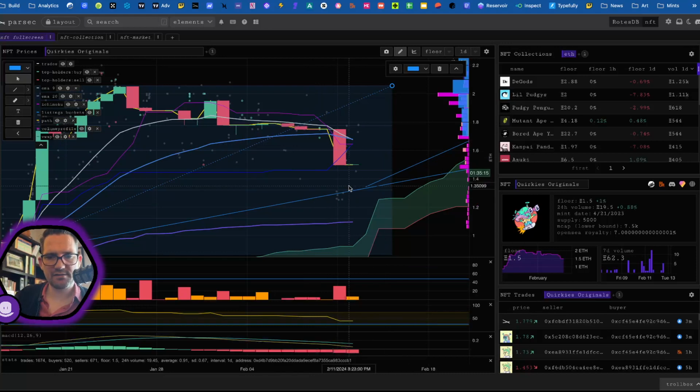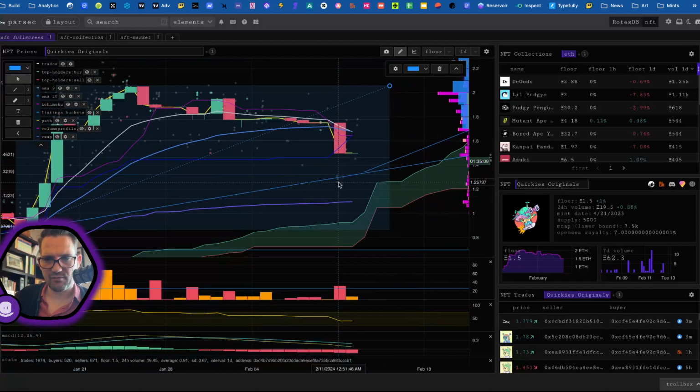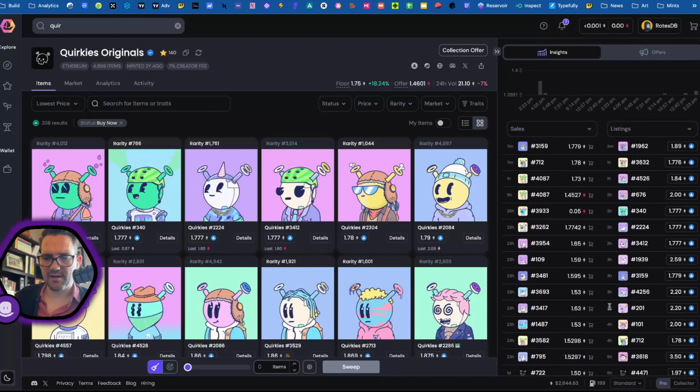I wonder what formulation they use for these candles, because look, there's a whole bunch of sales that happened around 1.25, which are really low, and that was because they had some WETH bots and stuff like that plaguing them for a little bit, from what I've seen on the timeline.